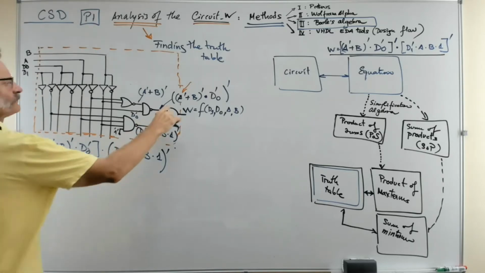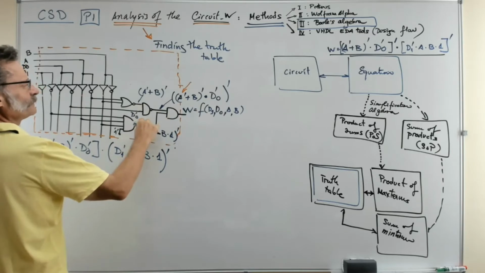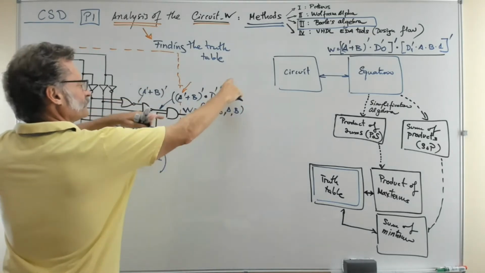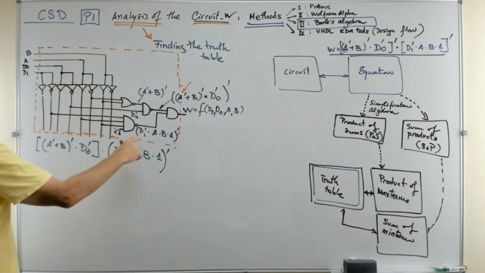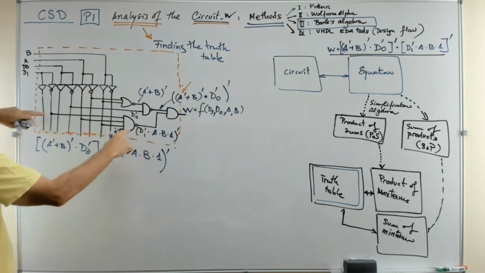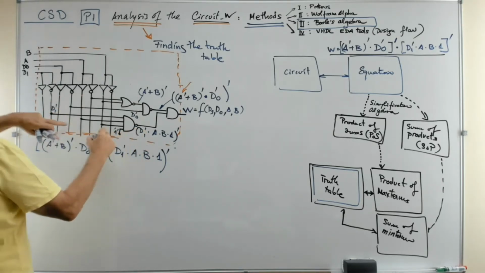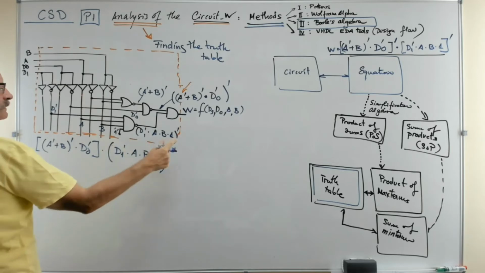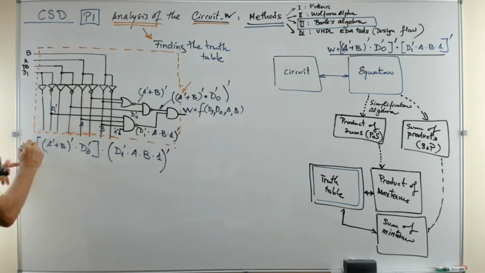So you have A not or B not, and then you have an AND with D0 not, and then there is the final not. And the same here, you have D1 not, and then you have the term A and the literal B, and also a 1, and then a final not. So this is the equation W, right?